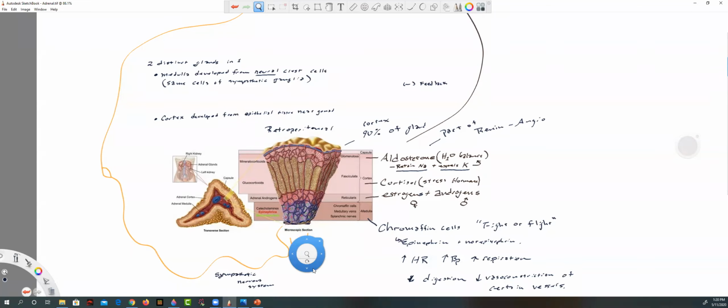Because when a tiger comes running after you, you don't have 5 minutes to wait for those hormones to kick in. You need those hormones instantaneously. And there actually are instantaneous pathways that produce tiny amounts of hormone, and then this hormone follows. But still, this pathway is very fast.